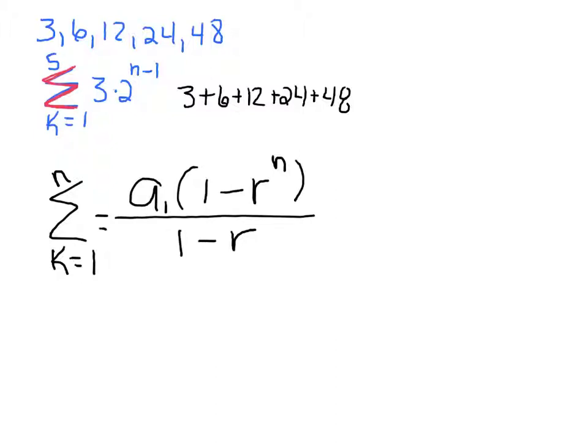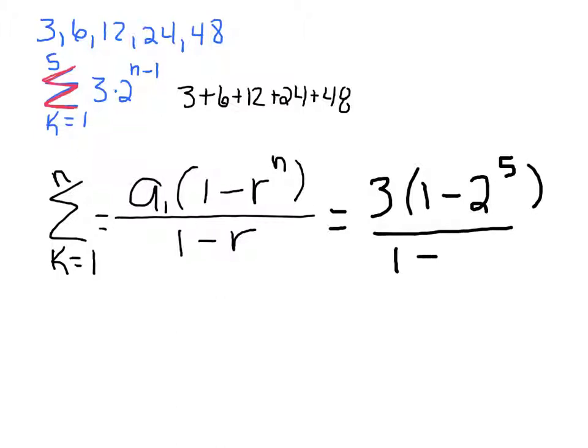So obviously I could just add up the numbers, but when I have a larger sum to take, it's useful to be able to use the formula. So to get this answer, we would first take the first term, 3, times 1 minus the common ratio. Notice in this problem I'm multiplying by 2, so it's 2 to the 5th power over 1 minus 2.